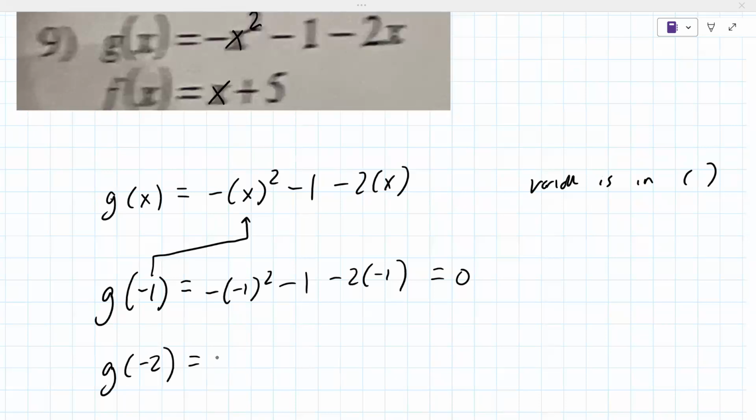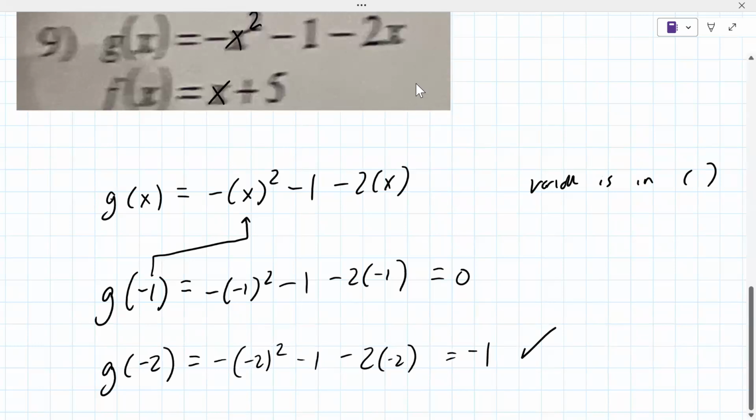Okay, so it's -2 squared minus 1 minus 2 times -2, which does become -1. Good. Okay, so if you've got that down, it feels like you kind of do.